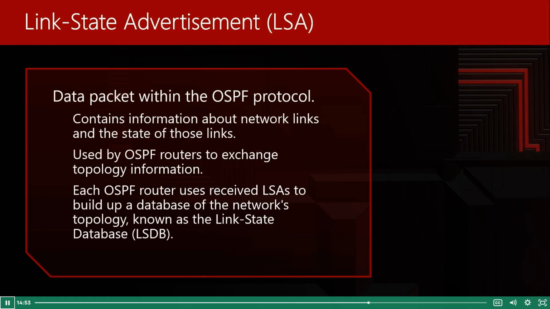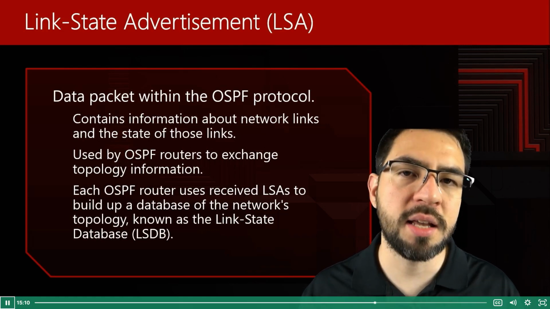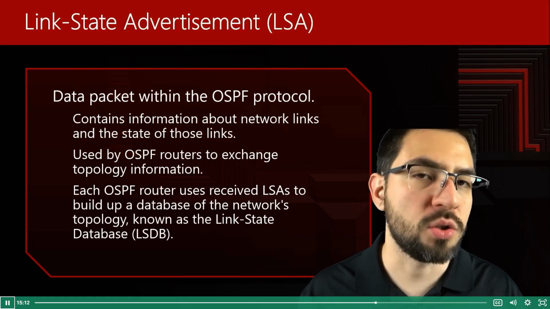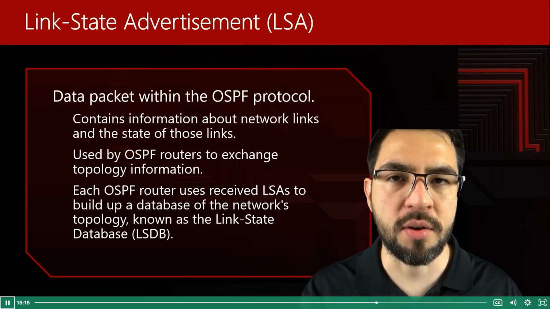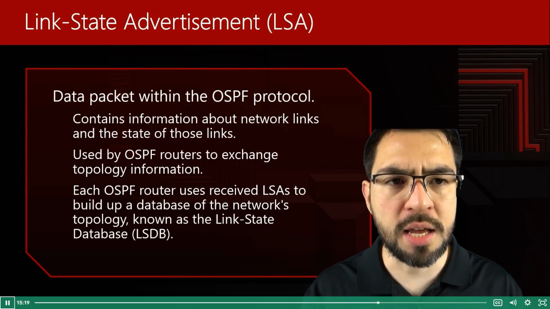All right, so we mentioned it a little bit earlier, but the link state advertisement, or the LSA, is how OSPF exchanges information between the routers on our network. This is going to contain the information about the links, the states, and the different ways to calculate and create the tree and the metrics to determine the best path to a single destination.